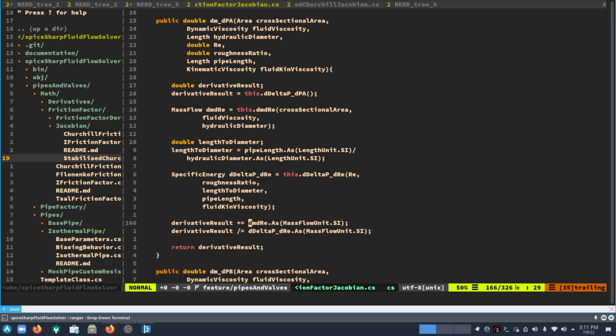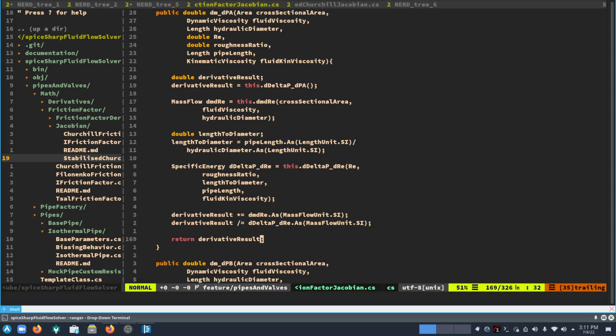And of course here I will need my Jacobians to be in a double, because the solver's biasing behavior code needs a double. If you take a look later, you can find out. But we need it to be in a double form. It cannot be in a unit form anymore.